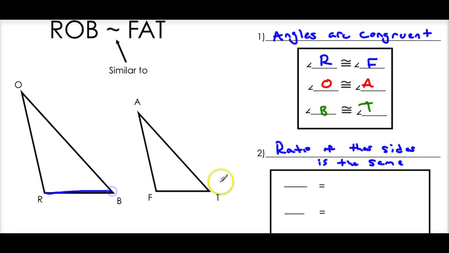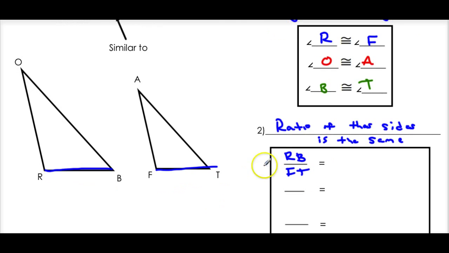The ratio of RB to FT, the ratio of these two sides, would be the same as the ratio of OR is to AF. And that's the same ratio as OB is to AT.